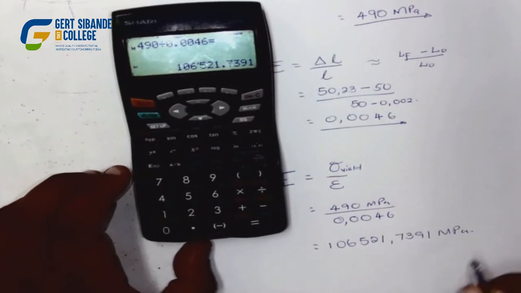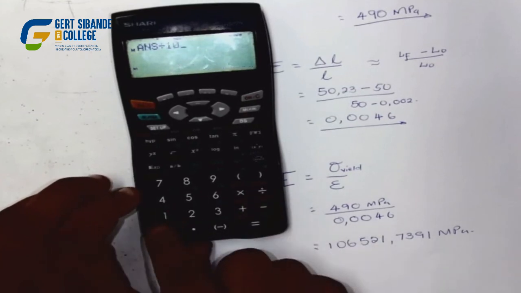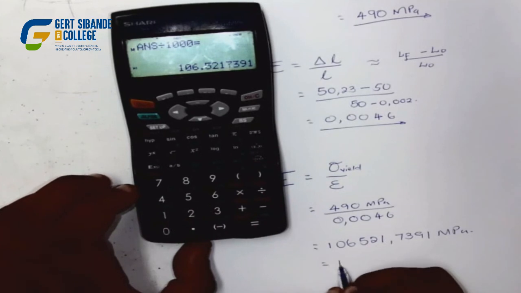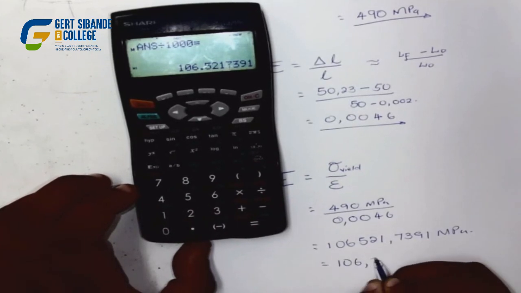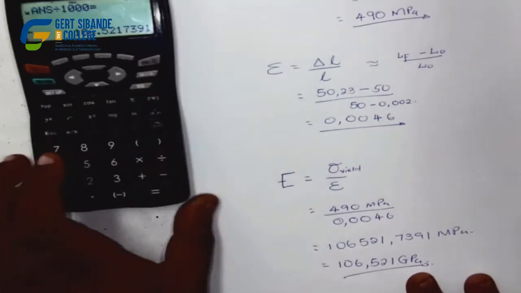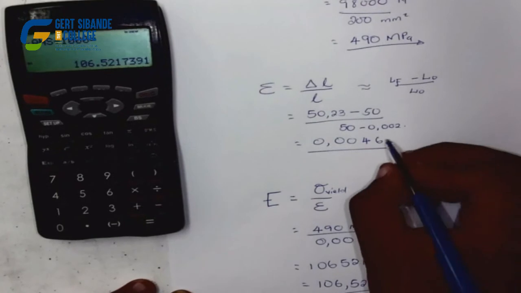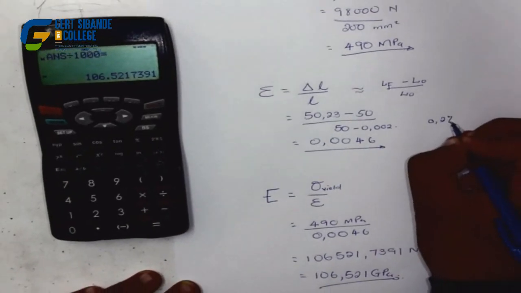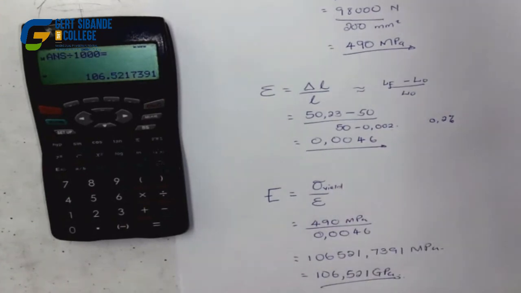If I divide that by 1,000, I get 106.521 gigapascals. My strain has been influenced by the 0.2% which I included in my calculations so that I could get 0.0046.